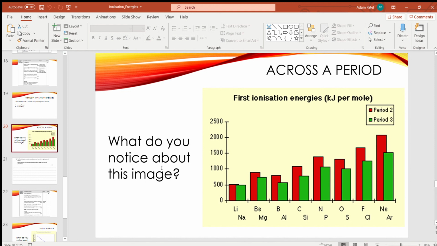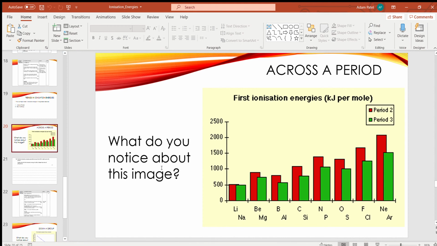The same goes for phosphorus and sulfur. Phosphorus is in our third shell, so 3p3. Sulfur is also in the third shell, 3p4. Phosphorus, because it's 3p3, has singly filled orbitals, which minimizes any repulsion. Sulfur, because it's 3p4, has one of its orbitals holding a pair of electrons, whereas the other two are singly filled.